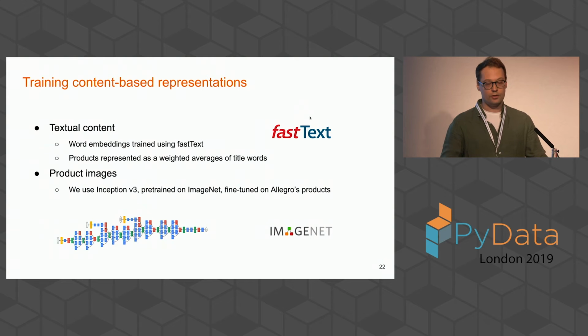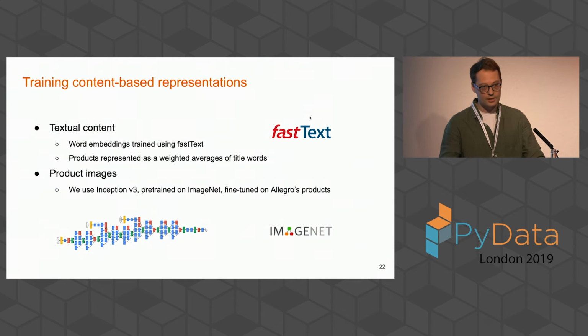All I've just said refers to collaborative filtering recommenders, and as Karol mentioned, there are times when we cannot use these methods. So we fall back on content-based recommenders, and we use two types of them, one based on text and one based on product images.